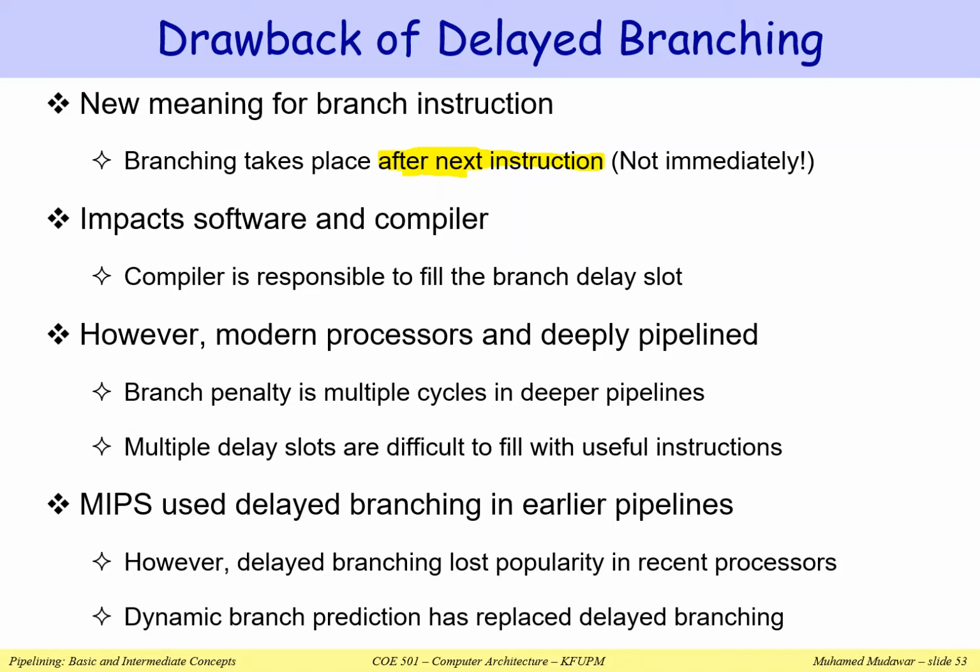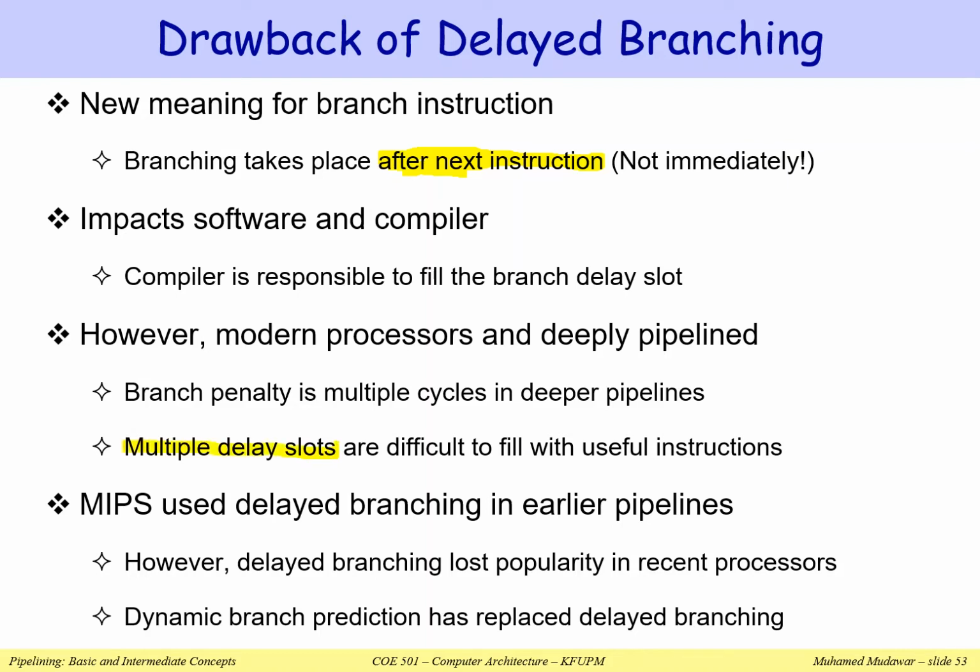So if the branch delay is increased to multiple cycles in deeper pipelines, then this means that the branch penalty is going to increase, and it will be difficult to fill multiple delay slots.